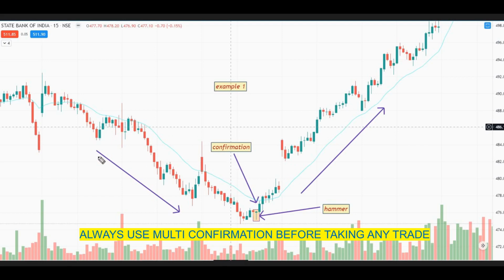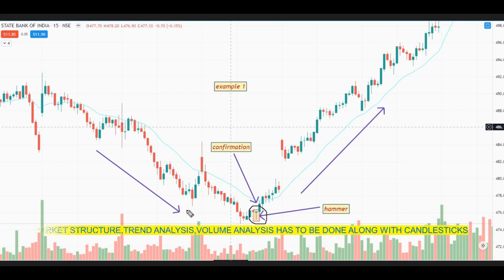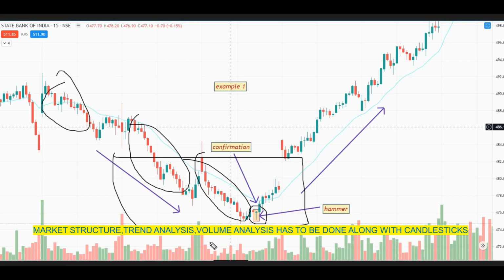We analyze market structure, price behavior with volume, then we will take entry. But what does candlestick provide us? It provides us an entry criteria with multiple confirmation. Always remember, please take trades based on multi confirmation trade setups. Okay, you should analyze the market structure, then price behavior and also the volume.